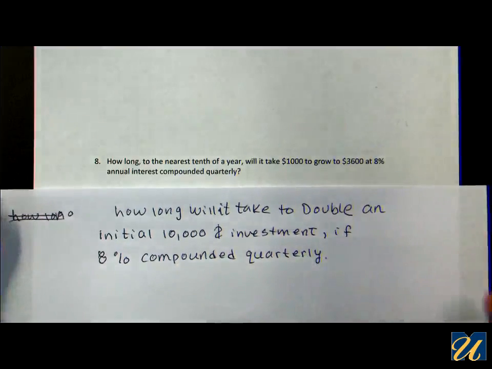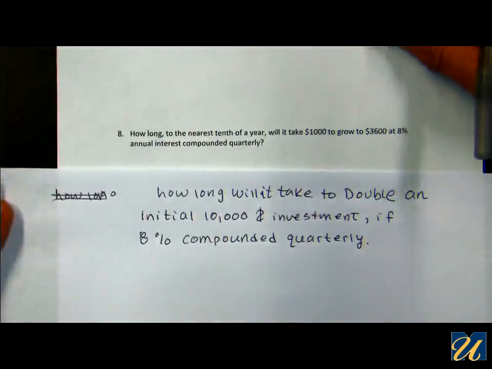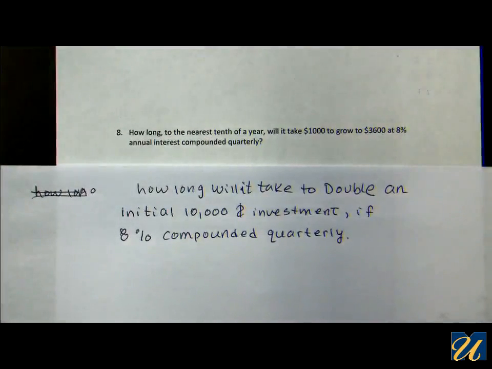Okay, so we made this slightly abbreviated. How much time will it take to double an initial investment of $10,000 if your annual interest rate is 8% and the money will earn compound interest on a quarterly basis?